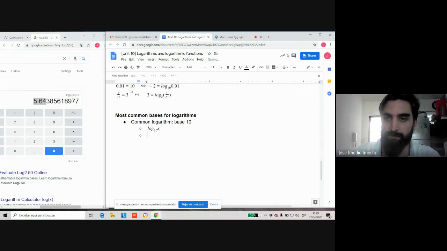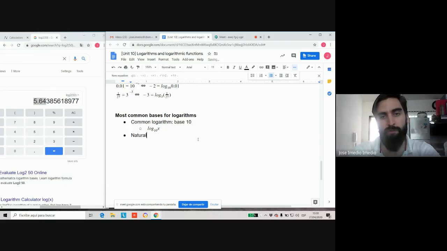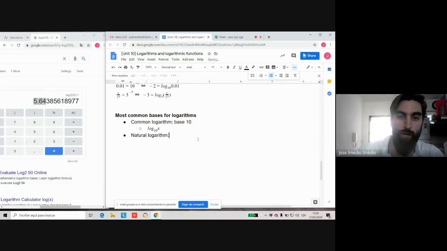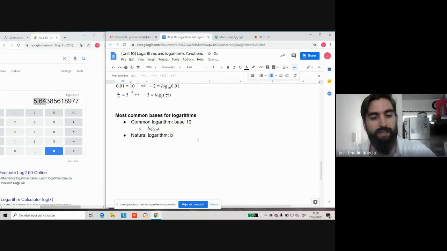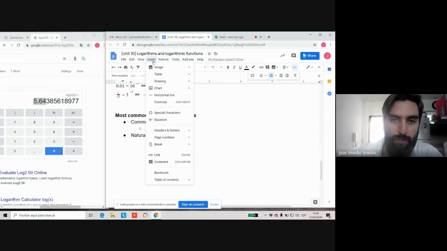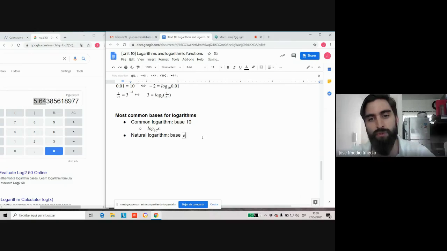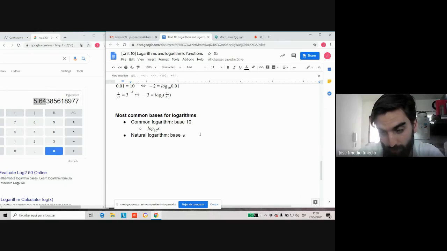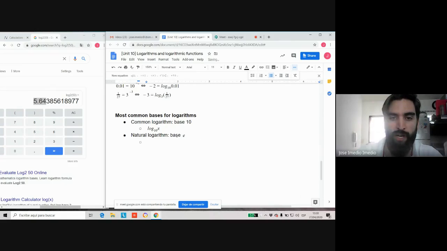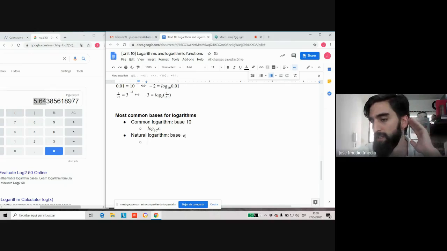And the other one, which is very, very common, is the natural logarithm, which uses the new number I introduced in the previous unit, which is e. The mathematical constant e, as I already said, equals more or less 2.7 something. It's so common in logarithms that it even has a name.